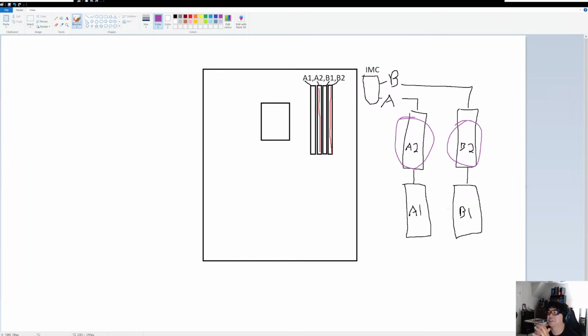Now, a lot of this high-speed DDR5 stuff is really going to either be in a 2-DIMM configuration like this, or in a 2-DIMM motherboard that only has 2 DIMMs. So, like one that doesn't even have A1 and B1, so you don't have this excess stuff down here pulling down the voltage.